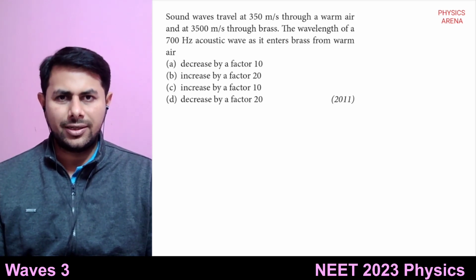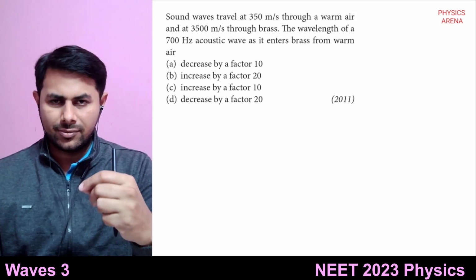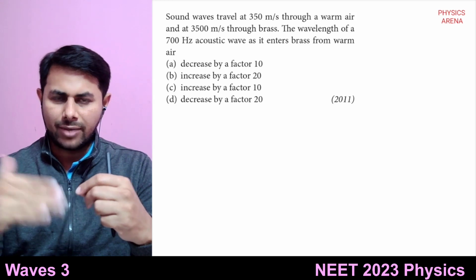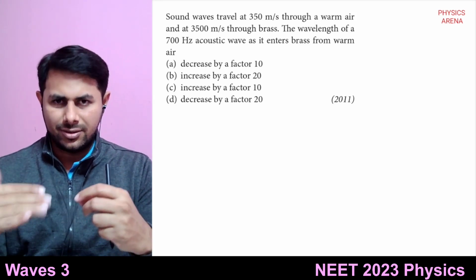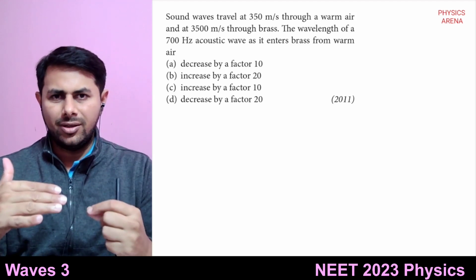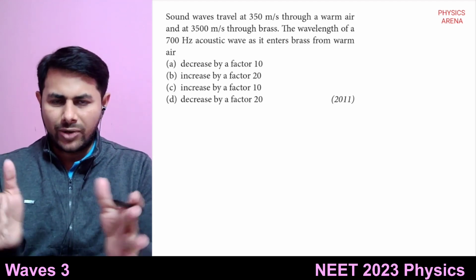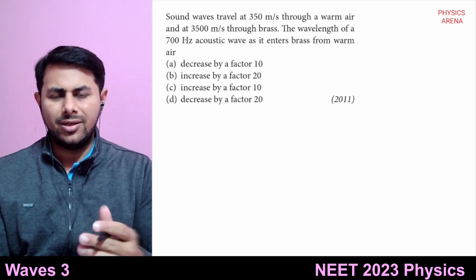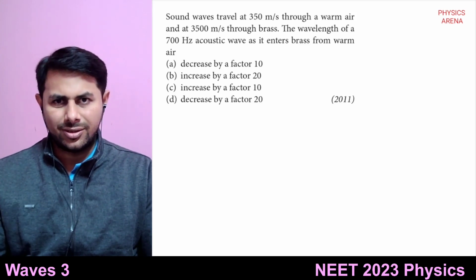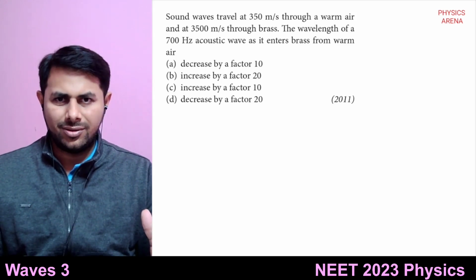The reason for that is the source is performing some vibrations, producing that wave at a particular frequency, right? So the number of vibrations per unit time is defined by the source. The number of vibrations of the medium per unit time is defined by the source, and wavelength is the property of the medium.